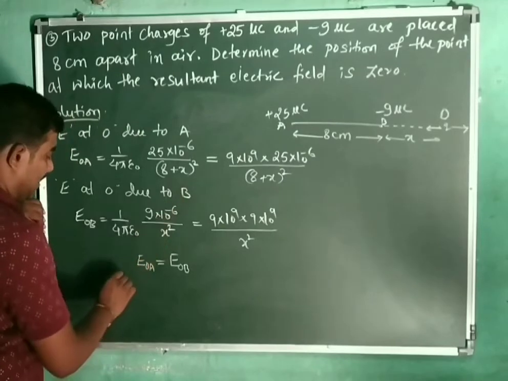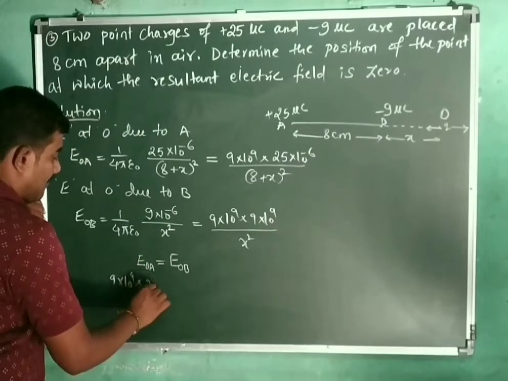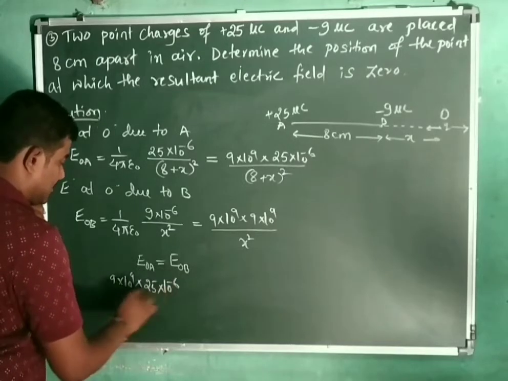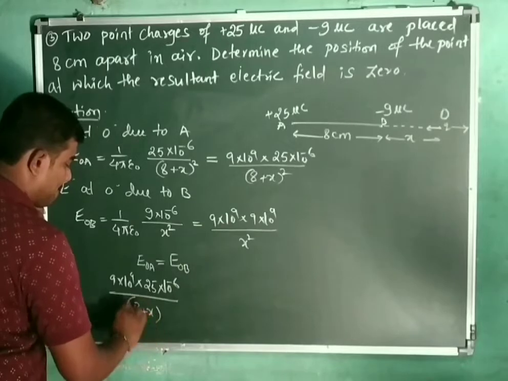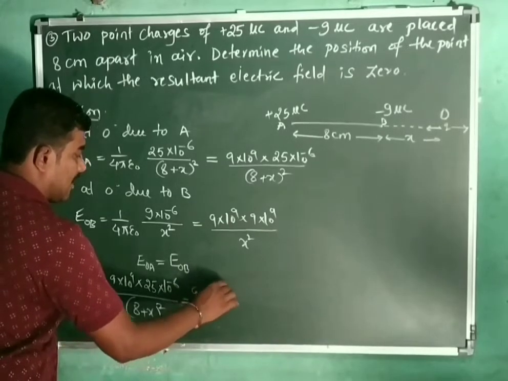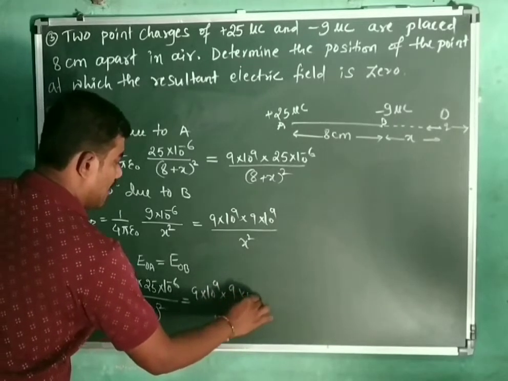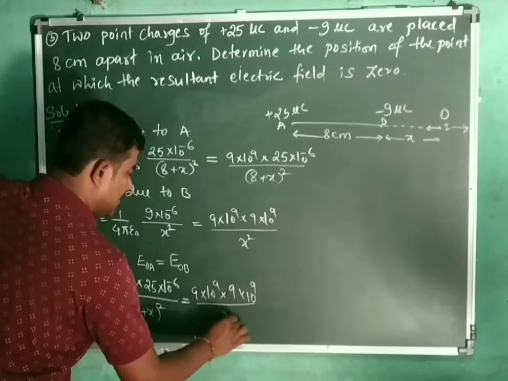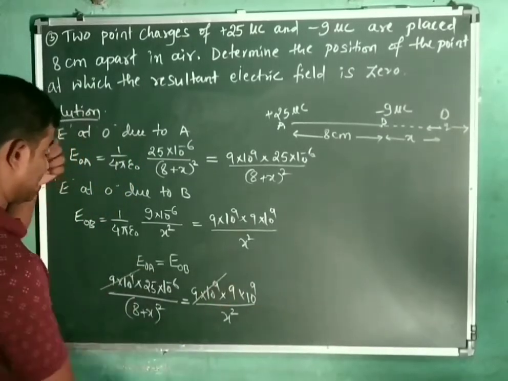EOA is 9 into 10 to the power 9, 25 into 10 to the power minus 6 divided by 8 plus x square, which is equal to 9 into 10 to the power 9, 9 into 10 to the power minus 6 divided by x square. So 9 into 10 to the power 9 is cancelled.